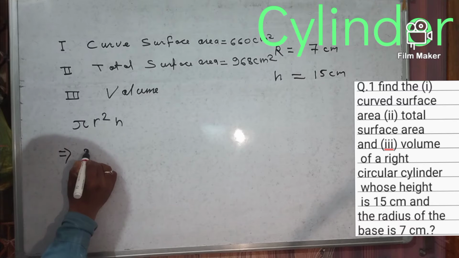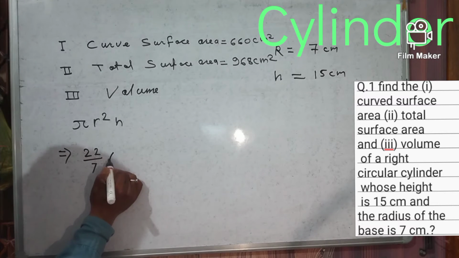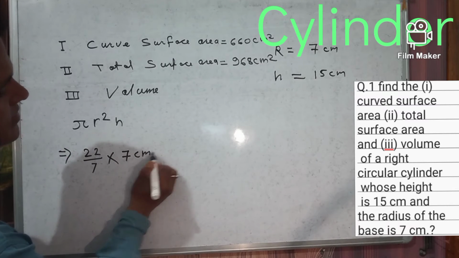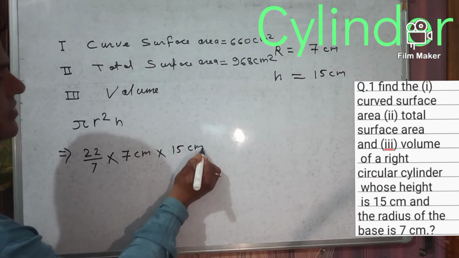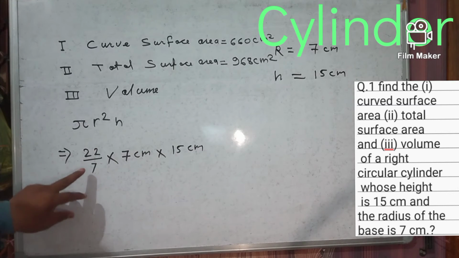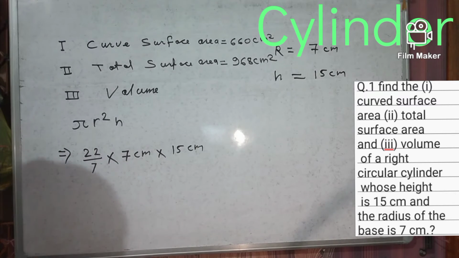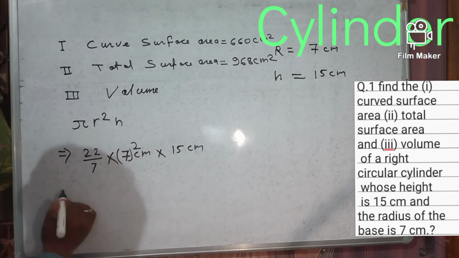So pi is 22 by 7 into radius is given 7 centimeter into height is 15 centimeter.